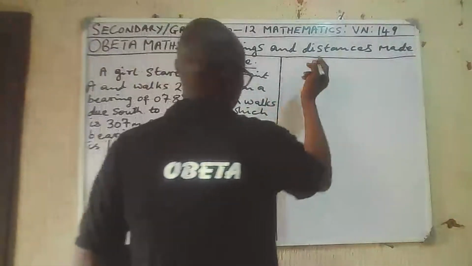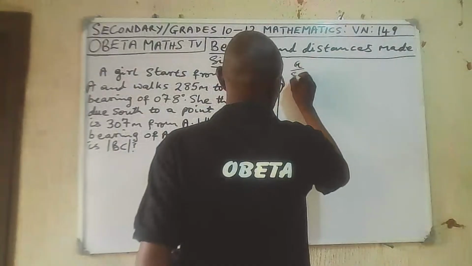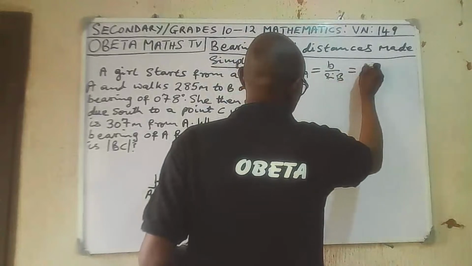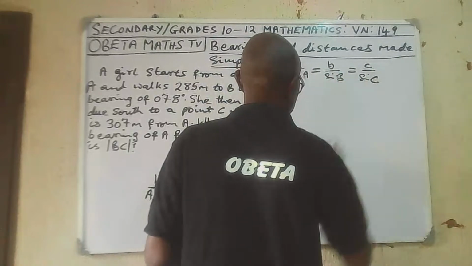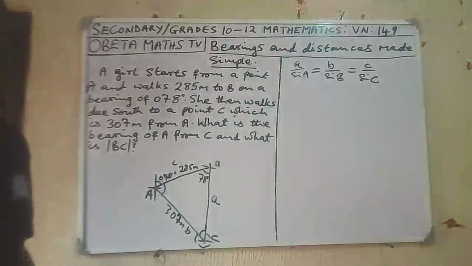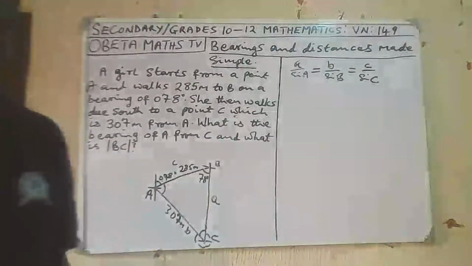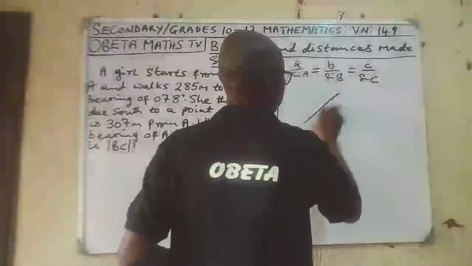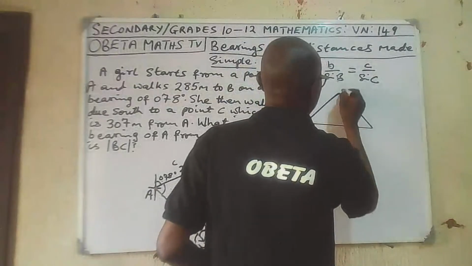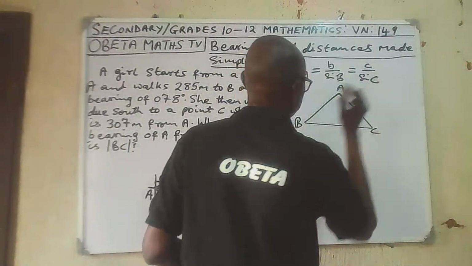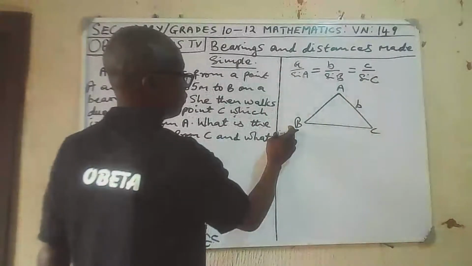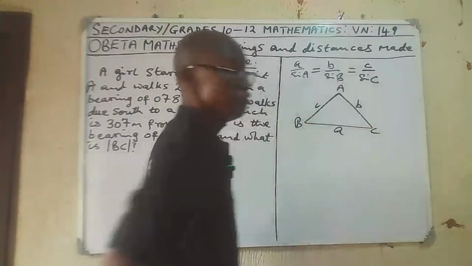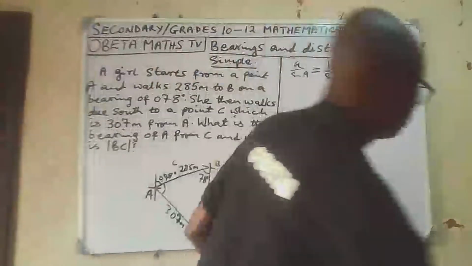Remember that in sine rule we have a over sine A equal to b over sine B equal to c over sine C. And where A, B, and C are referring to the small sides facing, for instance, if I have something like this, and I have A, B, C. This is the side I'm calling B, facing capital B, small a facing capital A, and small c facing capital C. So that's the idea I'm using.